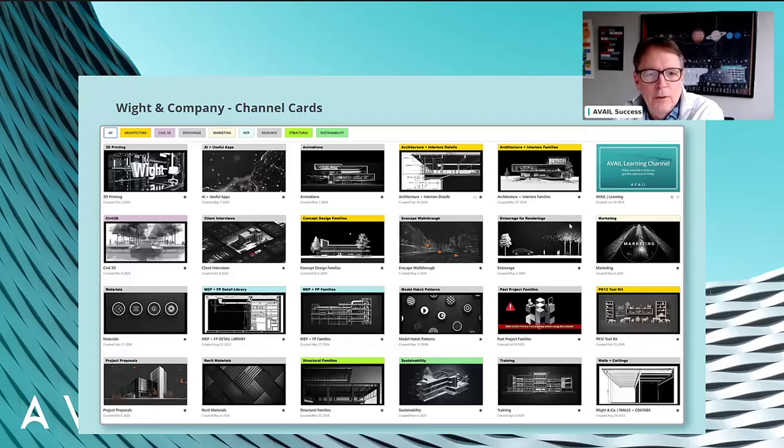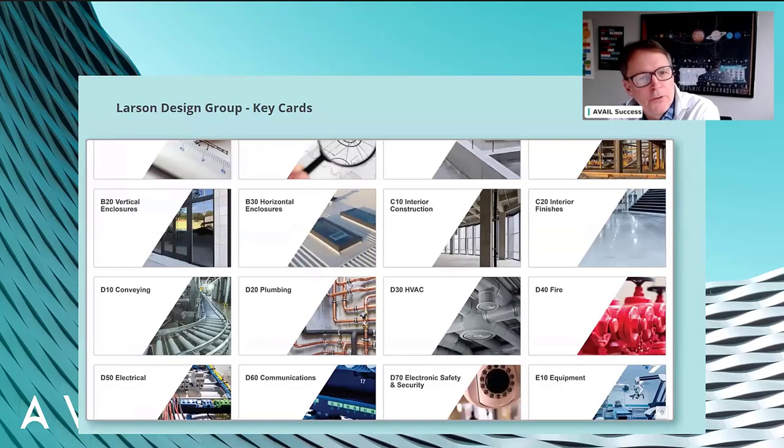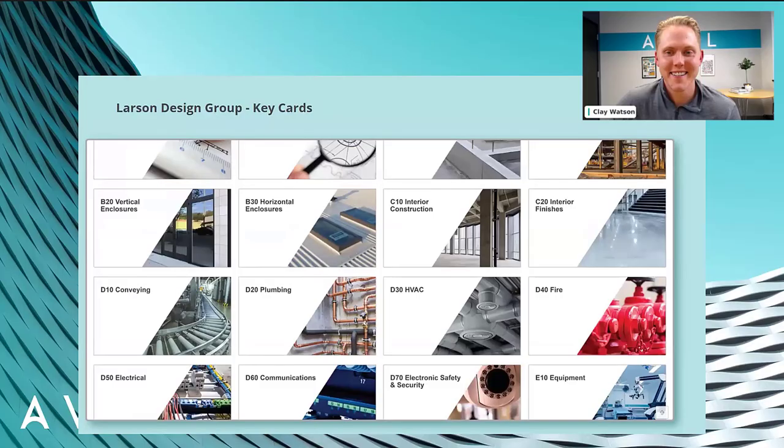White and Co. I love the dark theme, and with this one, the closer you get, the more compelling these images are. Just very engaging. It makes me want to go in and see what's behind each of these cards. Great job. And then there was also LDG again. So LDG just can't stop winning.